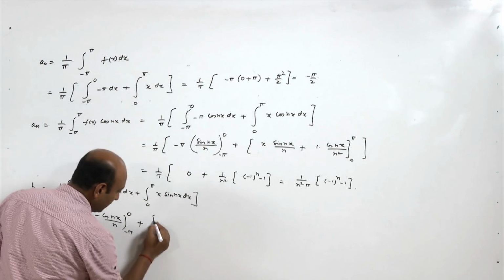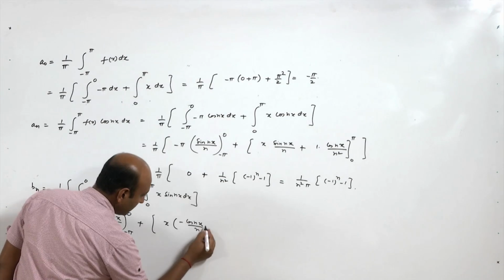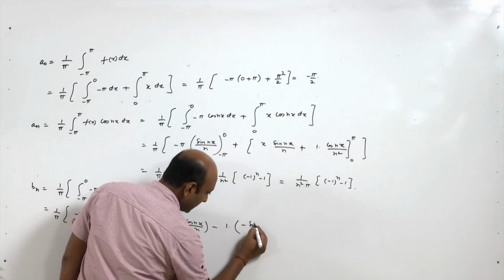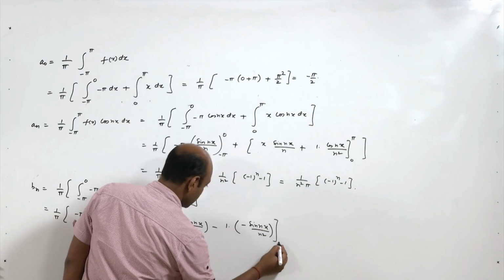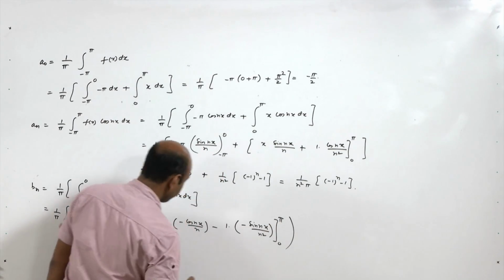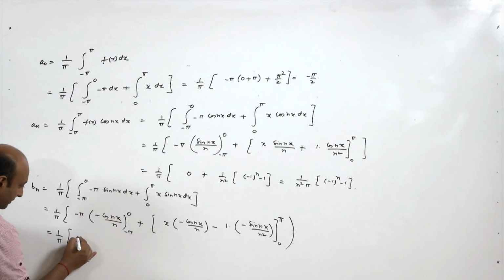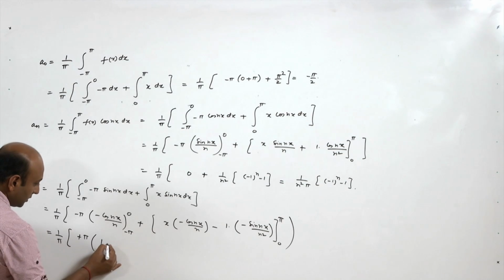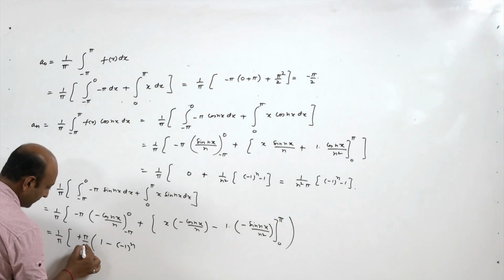So, we will obtain x times minus cos nx upon n minus 1 into minus sin nx upon n square, from 0 to pi. So, when you simplify this, it is 1 by pi, minus minus plus cos 0 is 1 minus minus 1 to the power n, 1 by n will come out.